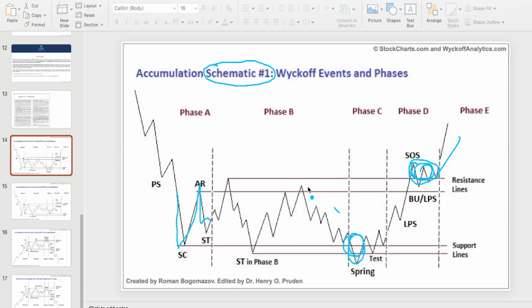So sometimes price declines and just tests, goes into phase C, and then goes to the upside, as we would see in the second schematic. Let me just put that on.